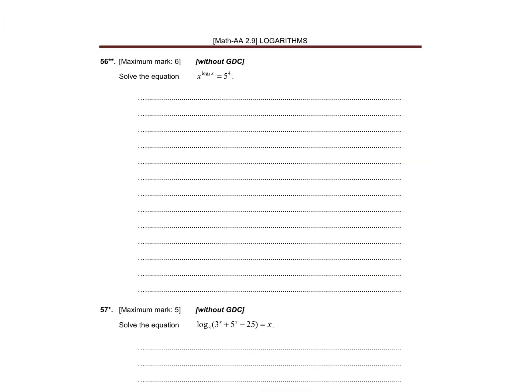Okay, so for this one, if we make the same base, or no, I guess we can write this exponentially. So we're going to have log base x of 5 to the 4th equals log base 5 of x. And I'm going to make that the log base 5. So log base 5 of 5 to the 4th over log base 5 of x equals that.